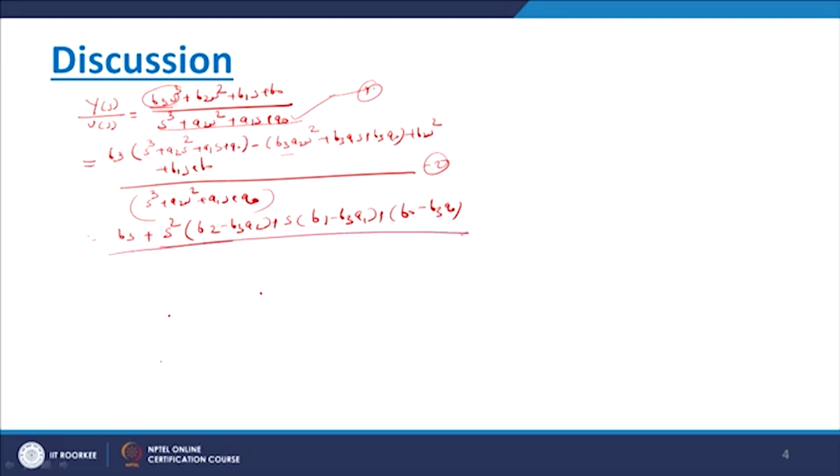You just see here, the s square terms are b2 minus b3 into a2, then the s terms are b1 minus b3 into a1, and plus b0 minus b3 into a0. So the original transfer function is proper, whereas after doing some mathematical adjustment this transfer function has been converted into a strictly proper transfer function.